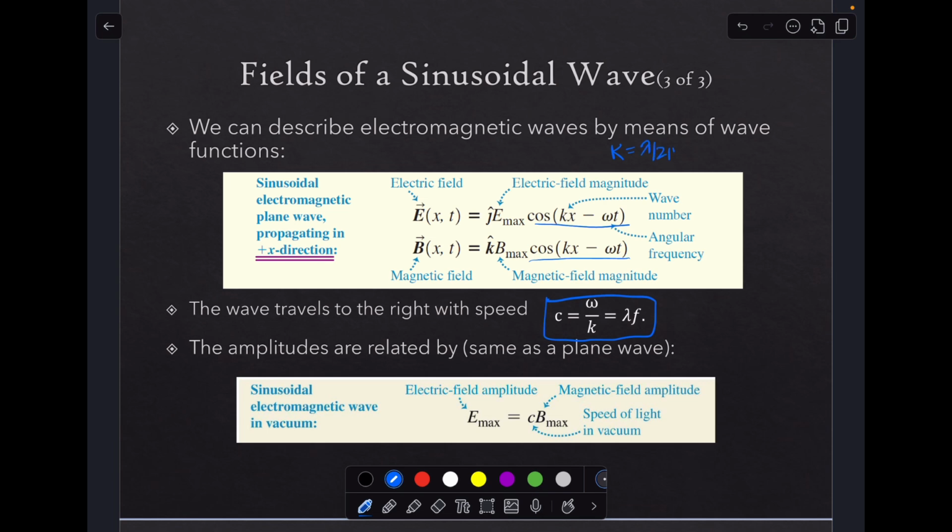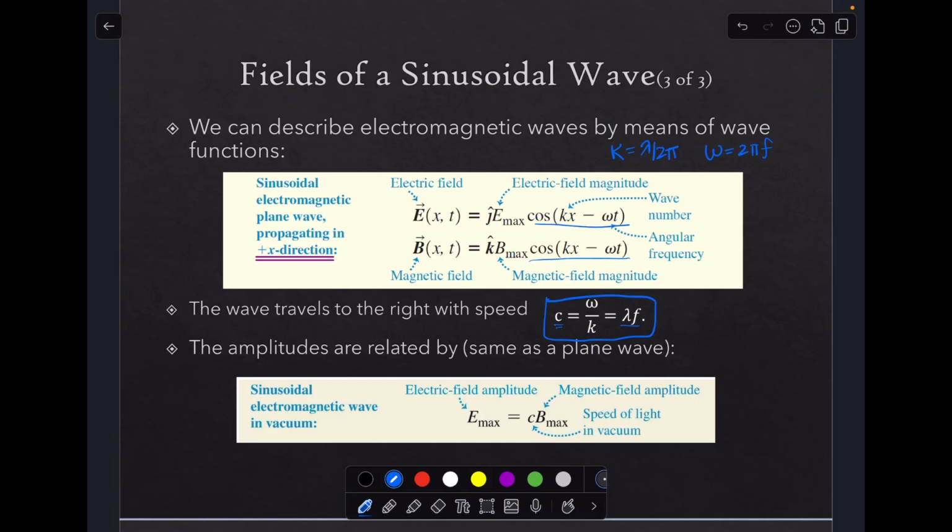It's basically the angular wavelength. And then omega is the angular frequency, okay? And when you divide them, you get c. And then when you multiply lambda and f, you get c as well.